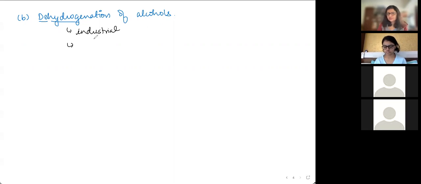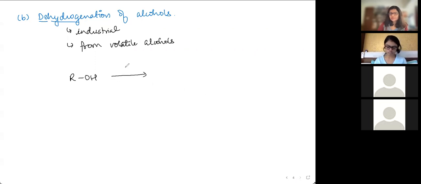You basically use volatile alcohols for this. So again, ROH: the reagent you use in this case is you make it pass through silver or copper tubes.